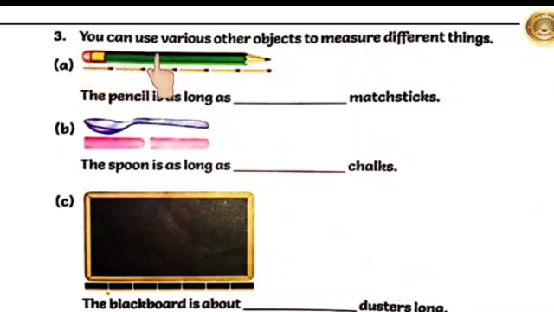Here you have to use various objects to measure different things. First, we have taken a measure of a pencil with the help of matchsticks. This pencil is as long as 1, 2, 3, 4, 5, 6 matchsticks.